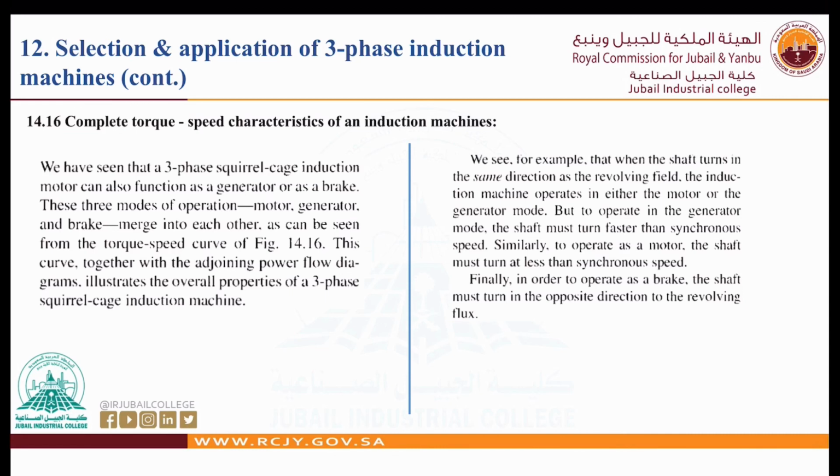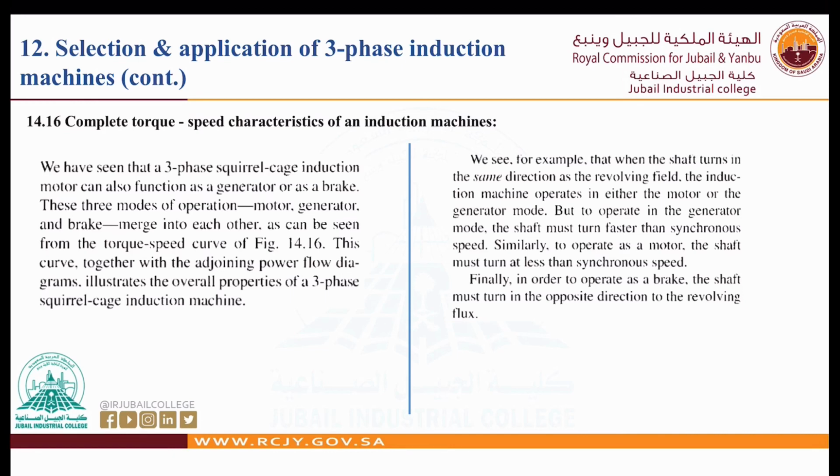This curve, together with the adjoining power flow diagrams, illustrates the overall properties of a three-phase squirrel cage induction machine. Okay, we see, for example, that when the shaft turns in the same direction as the revolving field, the induction machine operates in either motor or generator mode.